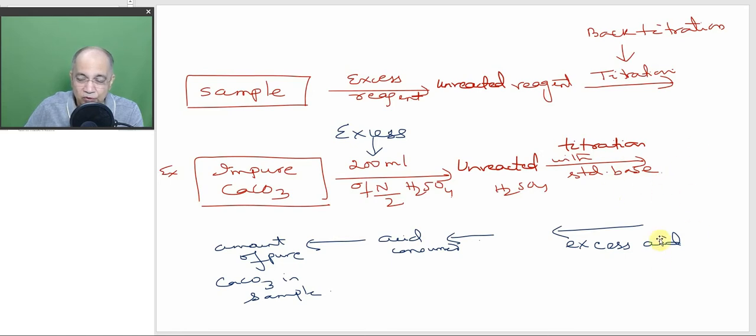Then from this back titration, you know the amount of excess acid, and by subtracting, you know the amount of the original acid taken before the reaction. So subtracting this from this, you get the amount of acid consumed by calcium carbonate, whatever. Then, as you know, chemical reactions take place in equivalence, so the number of equivalents of sulfuric acid is the same as the number of equivalents of calcium carbonate. So then you can convert to its mass and then find the percentage of purity. Clear?